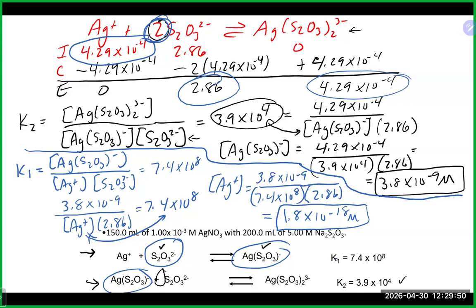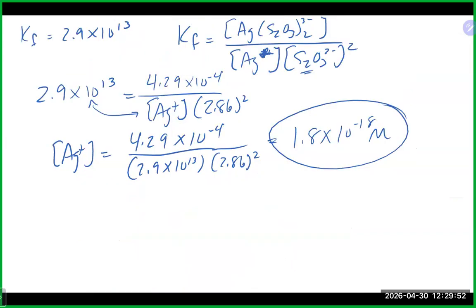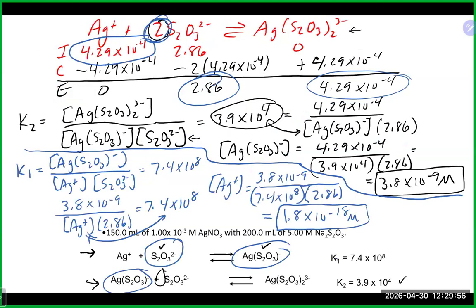So if you went with the silver first, you actually have to go back into either one of those. You would have the option of either one to figure out what the concentration of that intermediate is. So you would have to use those intermediate steps, or the stepwise approach, to figure out that guy.